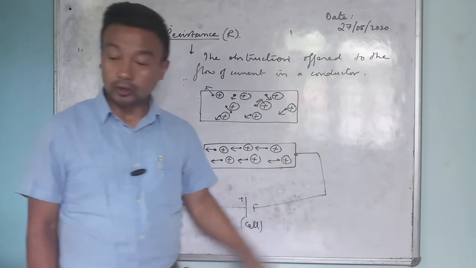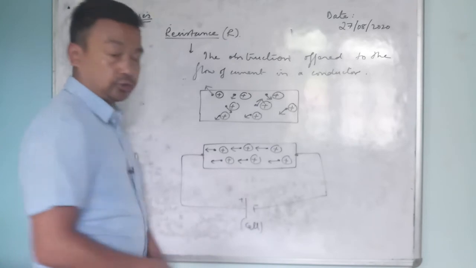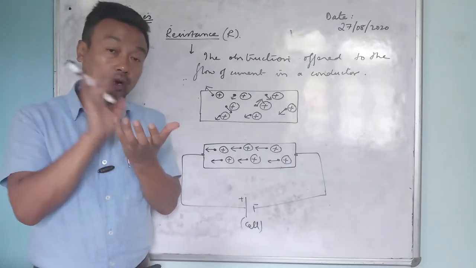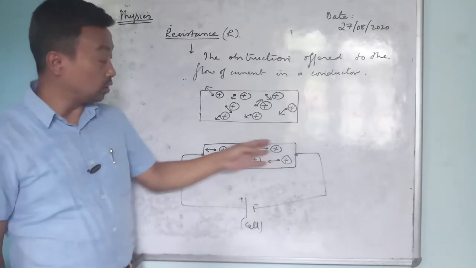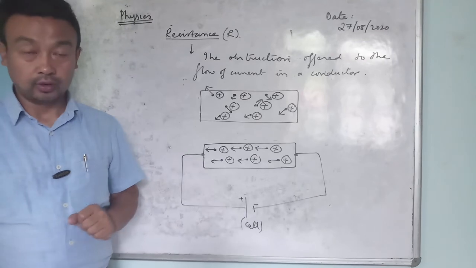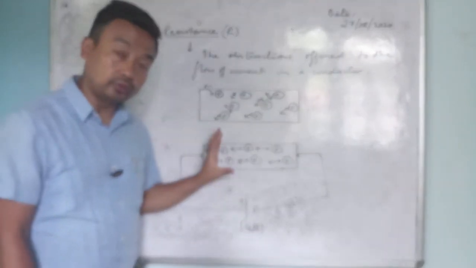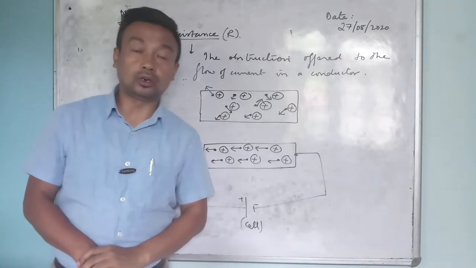So in the second case, since the metal gets heated, the metal offers some obstruction, resistance, to the flow of the current or to the flow of the electrons. That obstruction is known as the resistance of a wire.